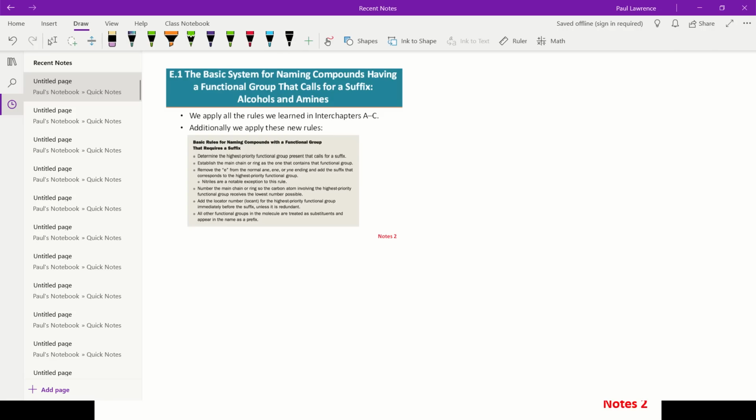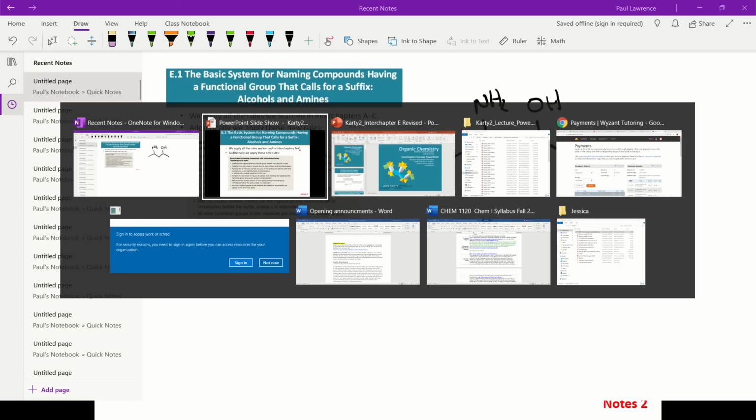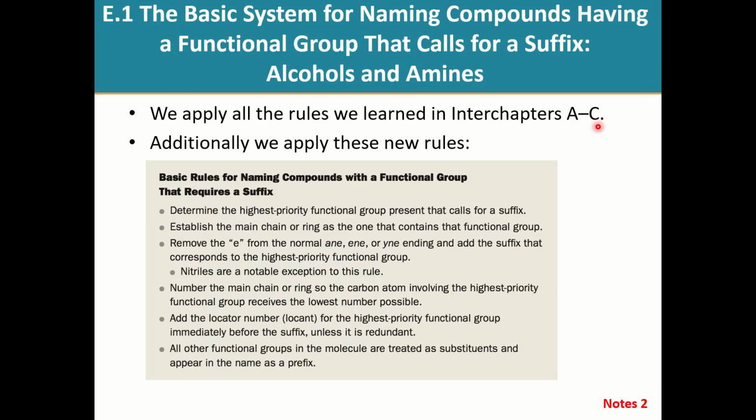So let's take a look at a molecule. Okay, so there's our molecule that we want to name. Bullet point 1 says determine the highest priority functional group that calls for a suffix. So I see here I have an alcohol and an amine. Because I have two different functional groups, I need to figure out what suffix I'm going to use.